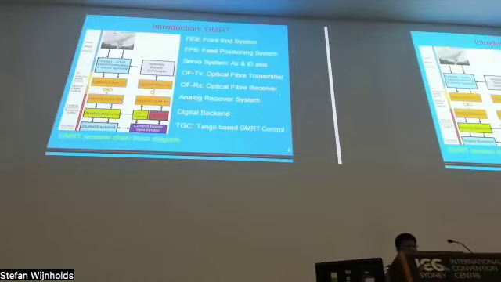Next is the servo system, which controls and monitors the azimuth and elevation rotation of the antennas. Next, the RF signal goes to the optical fiber transmitter, which has a laser diode to convert the electrical signal into light waves to transmit into the optical fiber cable.